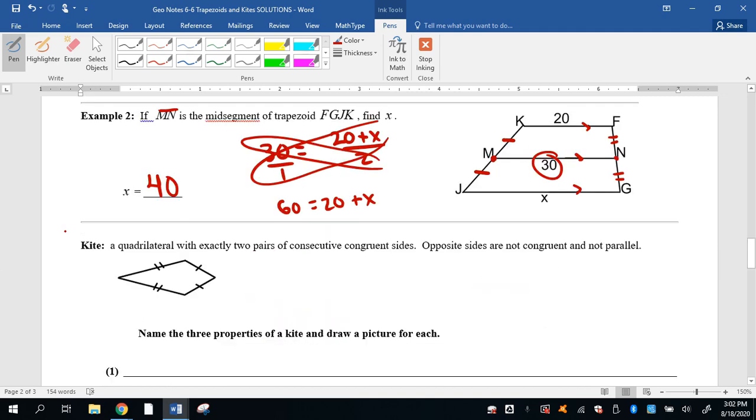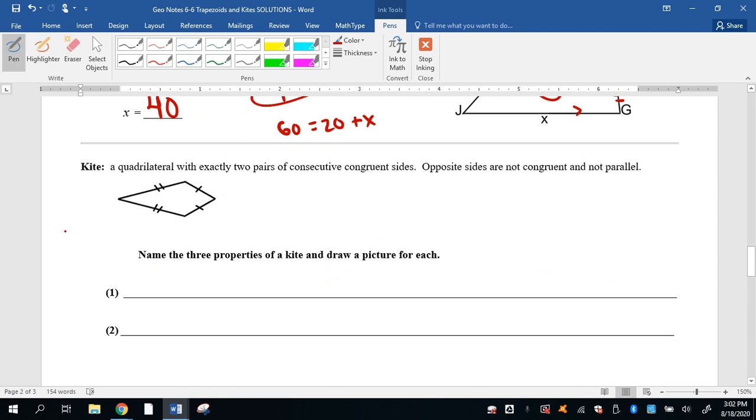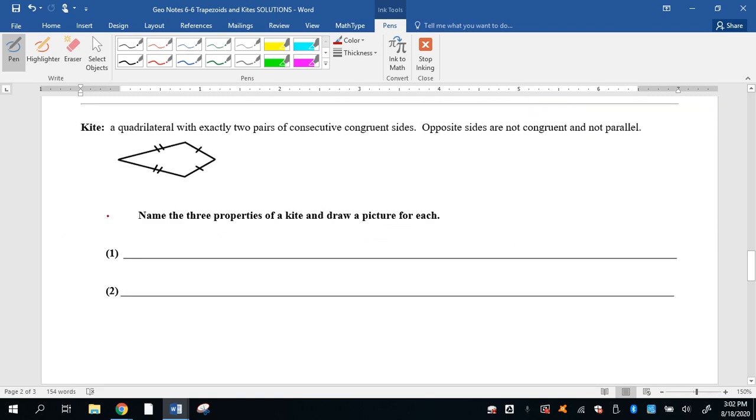And so a kite is a quadrilateral that has, I don't even have the definition. So again, this is your first property. It has 2 pairs of consecutive congruent sides. Another property, we'll call it 2 and 3, is if you draw in the perpendiculars, you can easily see that those are perpendicular. So diagonals, if you draw in the diagonals, are perpendicular.